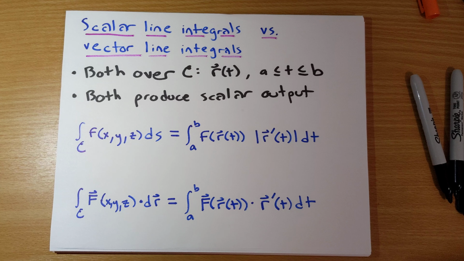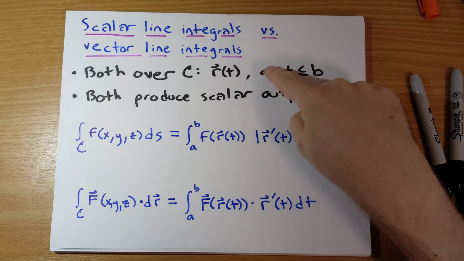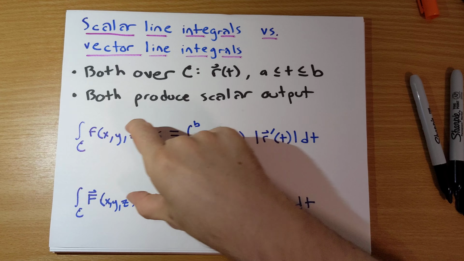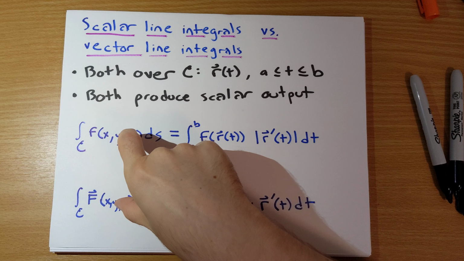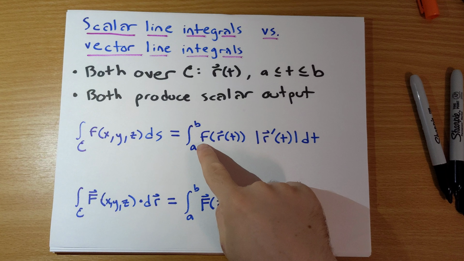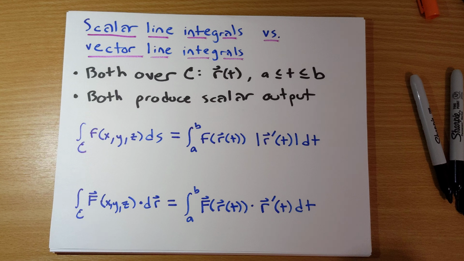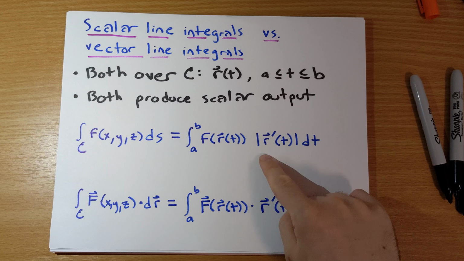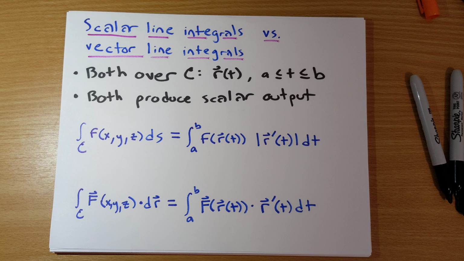Computationally speaking, in both of these, we take our parametrization and substitute it into the integrand, little f of r of t, big F of r of t here. And then we need to multiply by the derivative of our parametrization.